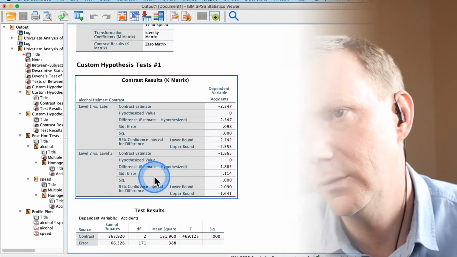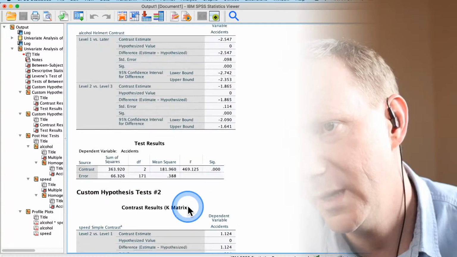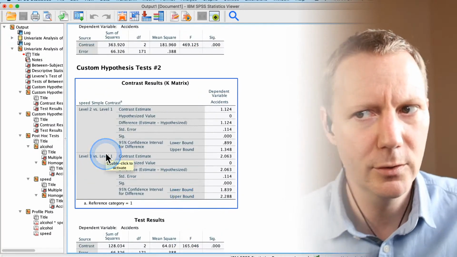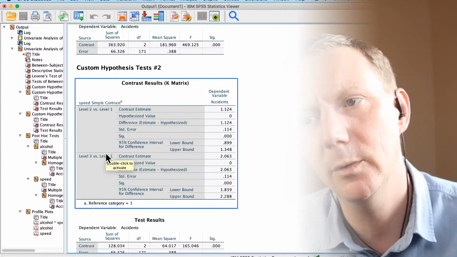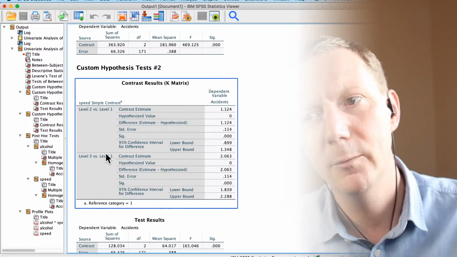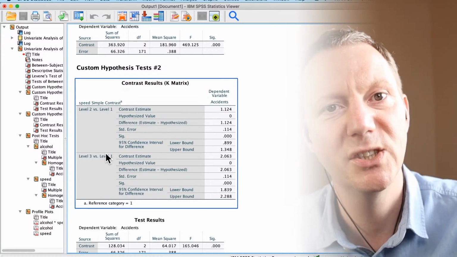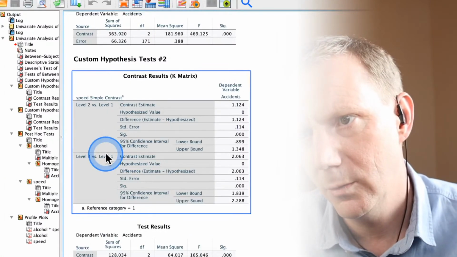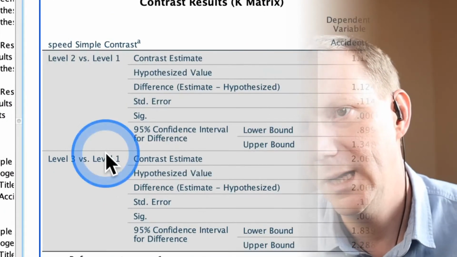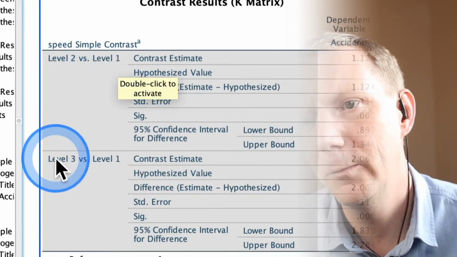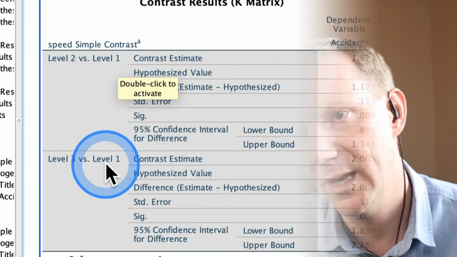So that is for alcohol, but for speed, we didn't ask for a Helmert contrast. We said, well, we want to do a simple contrast, where we use a baseline, which is first. So what does this mean? Well, it means we're comparing level 2 to the first level, and we're comparing level 3 to the first level.